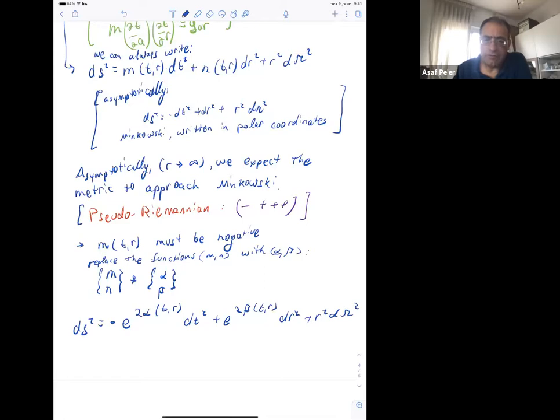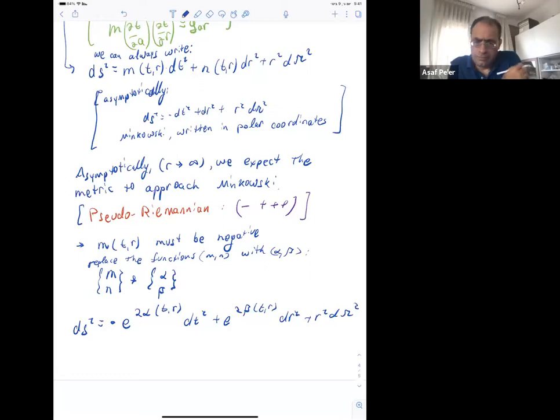Now, so far, everything we did was completely general. I did not make any attempt to solve Einstein's equation. I just had a general discussion about the metric, which is spherically symmetric. That was the only thing.